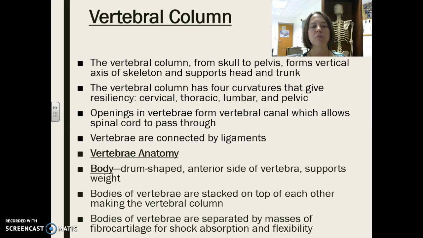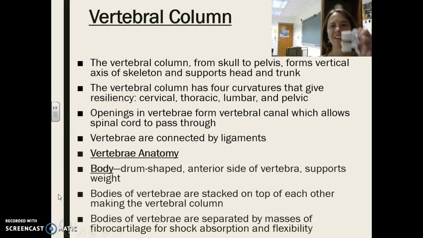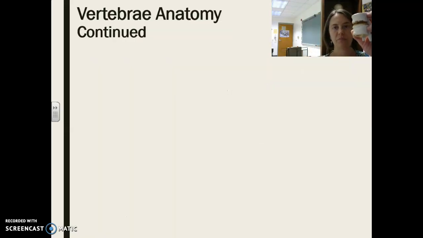And then the bodies of vertebrae are separated by masses of fibrocartilage for shock absorption and flexibility. So here you can see there are 2 vertebrae, and the bodies are stacked on top of each other, and there is the fibrocartilage forming shock absorbers in between them.